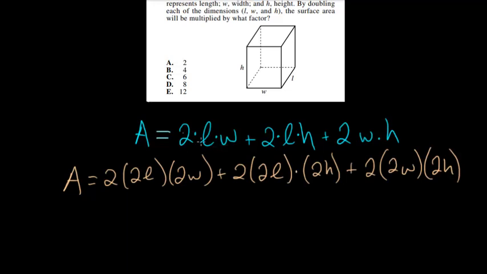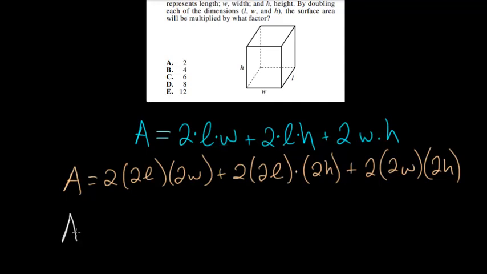All we did was, anywhere we saw an L, a W, or an H, we replaced it with 2L, 2W, or 2H. Now what we can do from here is to see if we can get back this original area formula from our new equation where we doubled the length, the width, and the height.